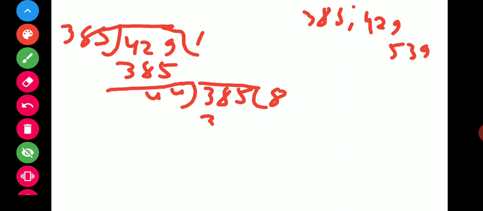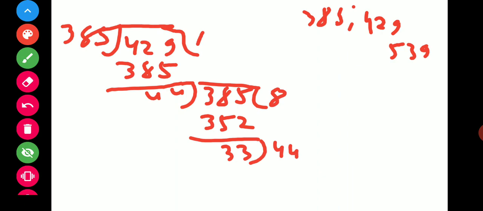It becomes 352, and subtracting, we get 33.